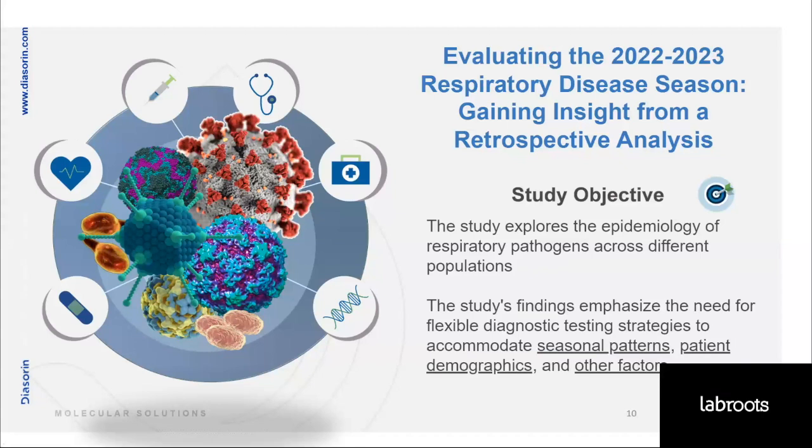So knowing now the unique challenges associated with respiratory testing and the importance of diagnostic stewardship, we recently conducted a retrospective analysis evaluating the 2022 and 2023 respiratory disease season. Our goal was to examine the impact of seasonality and patient demographics, while at the same time trying to evaluate the benefits of having a flexible and customizable diagnostic respiratory syndromic panel.